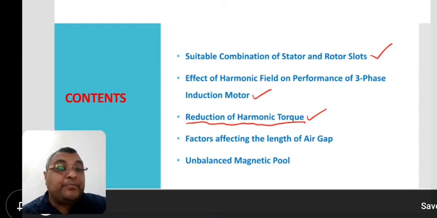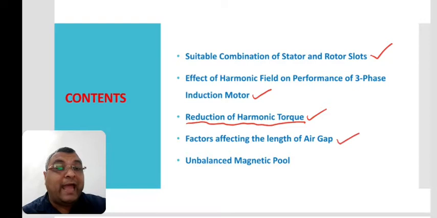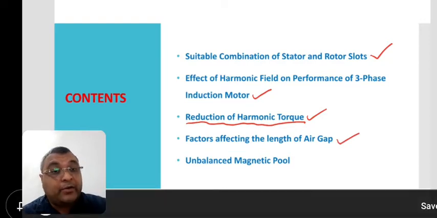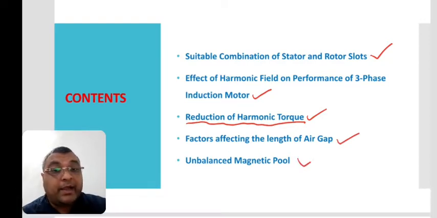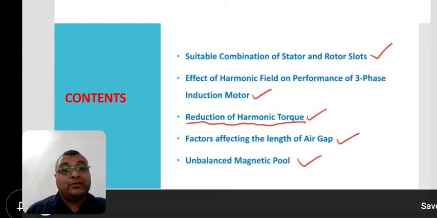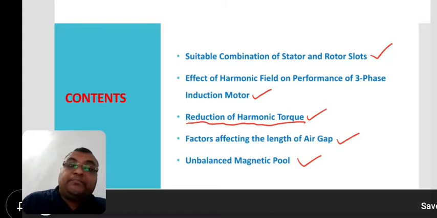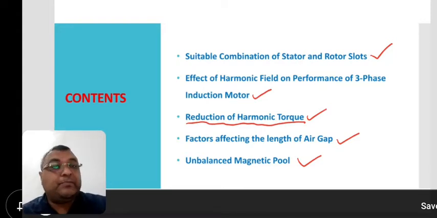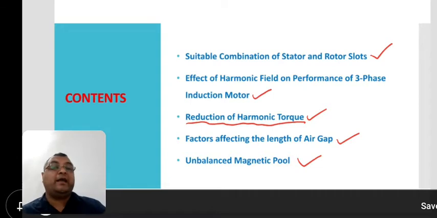Then we will discuss the factors affecting the length of the air gap, and finally unbalanced magnetic pull. I hope today's session is very interesting, with each topic related to our subject, because reducing harmonics and choosing the combination of stator and rotor slots are the main concerns when you design a machine.